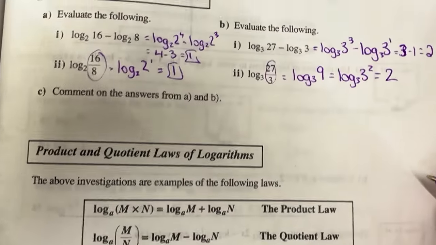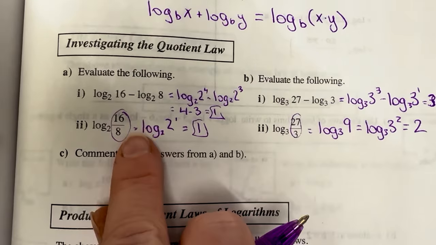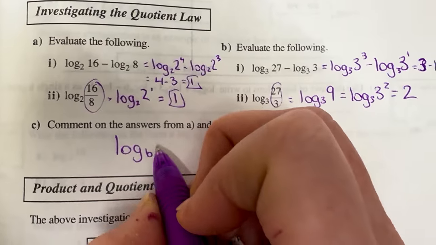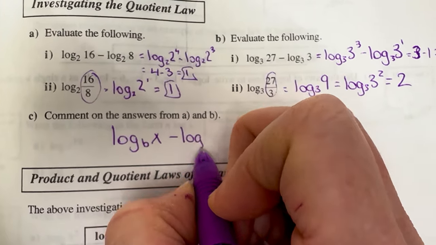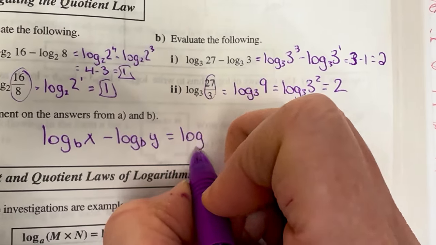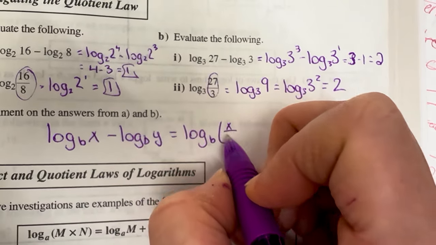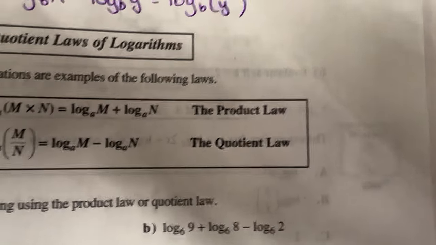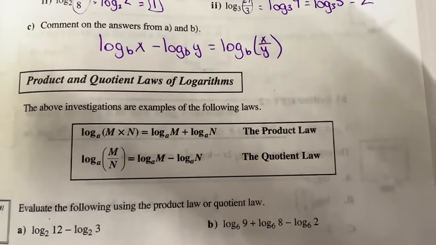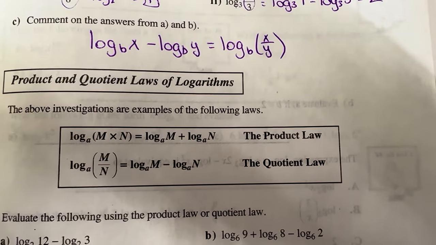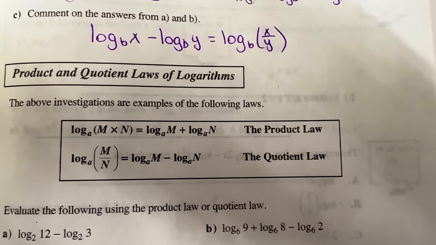So then for my general rule for the quotient, I would see here that if my base is the same, of course, if I subtract those two, that's the same as if I have those two arguments being divided. So then that brings us to, yep, here is the product and the quotient law. You will get these on your formula sheet.